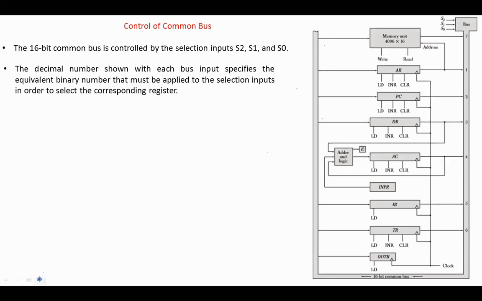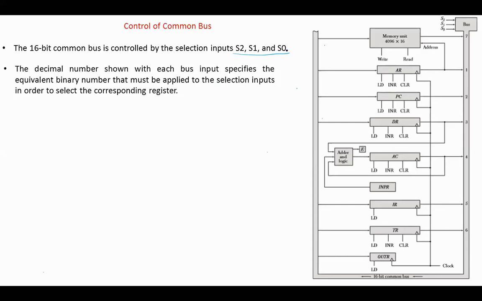Next, regarding the control of the common bus, the 16-bit common bus is controlled by the selection lines S2, S1, S0. The decimal number shown with each bus input specifies the equivalent binary number that must be applied to the selection inputs in order to select the corresponding register.